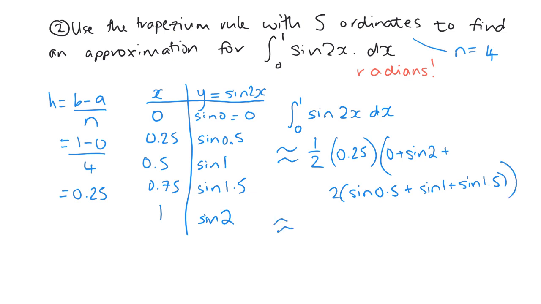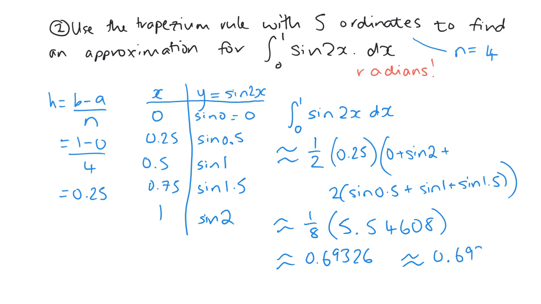So a half times a quarter, we've got an eighth there. When we put all that into our calculator, we get 5.54608, which gives us 0.69326, which if we were doing it to 3 significant figures, it would be 0.693.